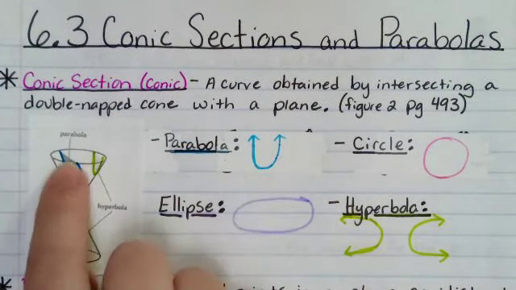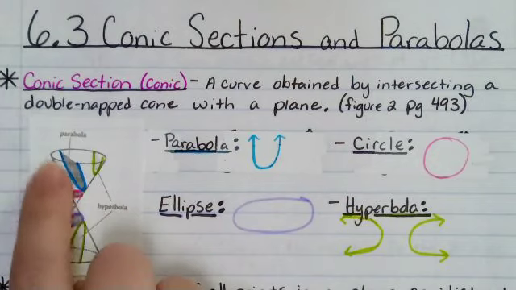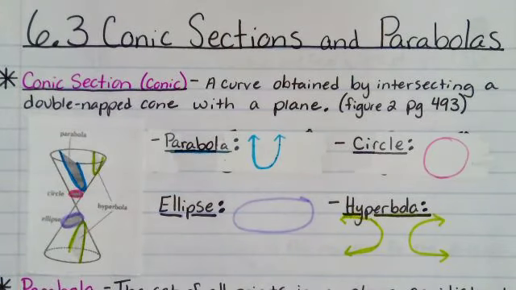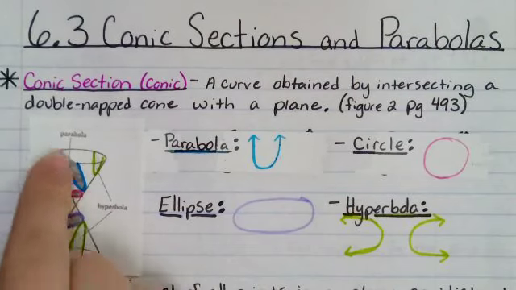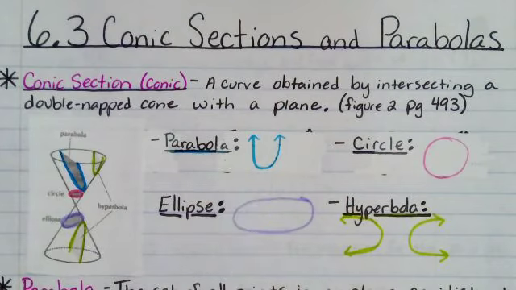Now, of course, you're seeing all of it shaded on the inside, but the part that's truly the conic that we're studying is just the part where it's intersecting that cone on the outside. Imagine that the cone is hollow, and where that plane is cutting through and hitting that cone, that's the parabola, and that's our conic section.